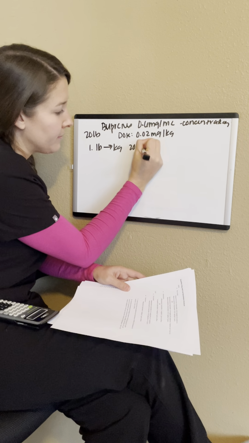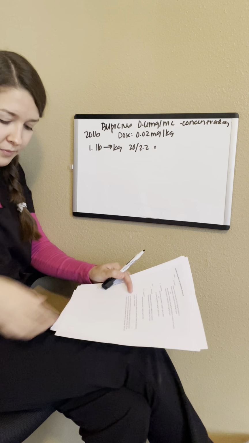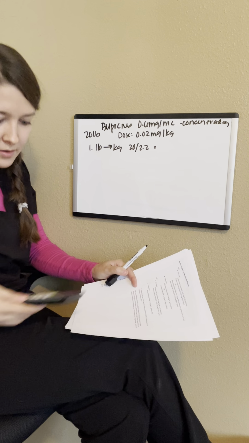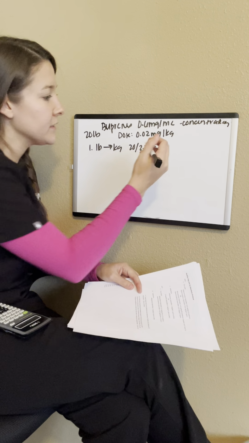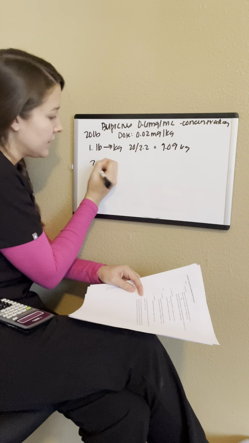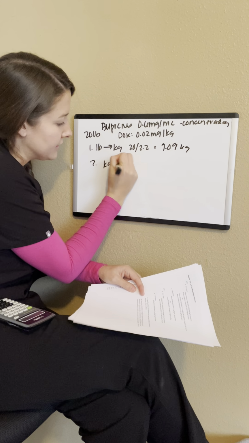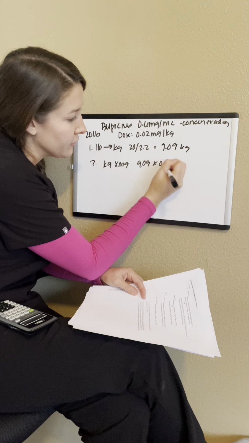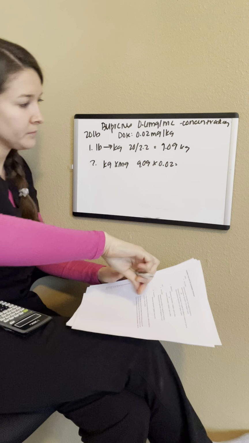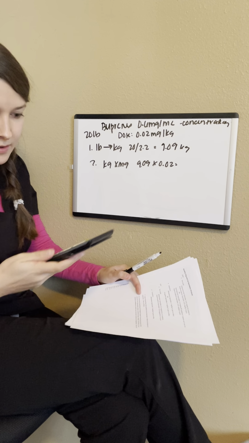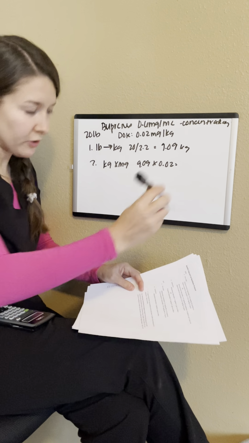So 20 divided by 2.2. That's going to be 9.09. Second step, kgs times mgs. So 9.09 times 0.02 equals 0.18.